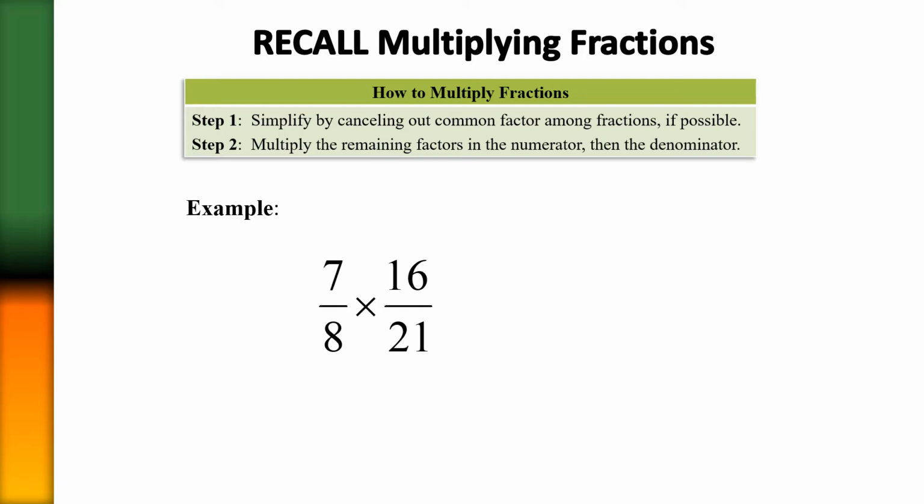And then multiply 8 times 21, and that's going to give you 168. So I have this big fraction of 112 over 168 that you had to reduce or simplify. So that method is probably not the best or the quickest method to multiplying fractions. I would say the best method would be to simplify it first by canceling out any common factors.